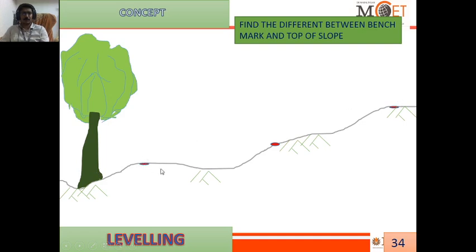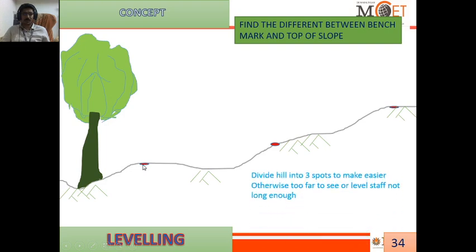If you do not have any permanent or GTS benchmark, we can assume an arbitrary benchmark with any value, 100 or whatever it is, and divide the hill into 3 spots, right?